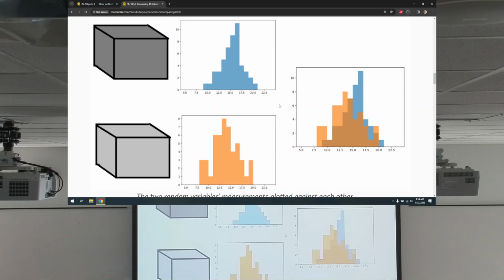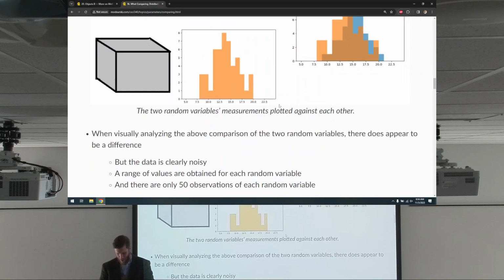But once I consider that I only have 50 observations of each, and maybe it just so happened that, if there were 100 data points instead of 50 and I plotted them against each other, how different would they look? I don't really know how different they are.